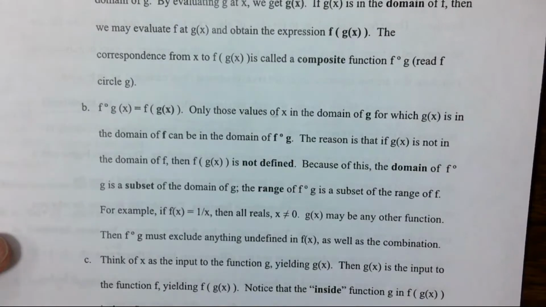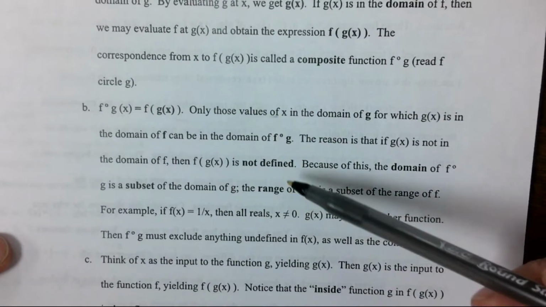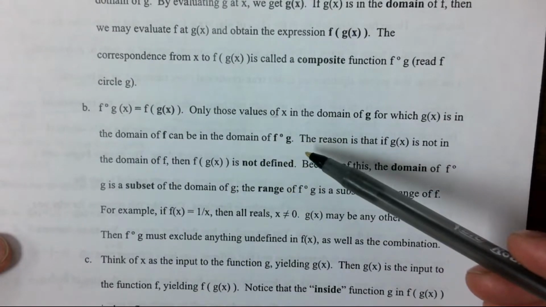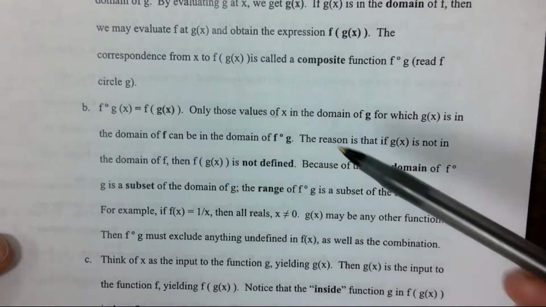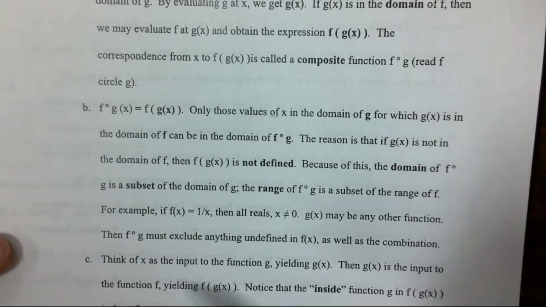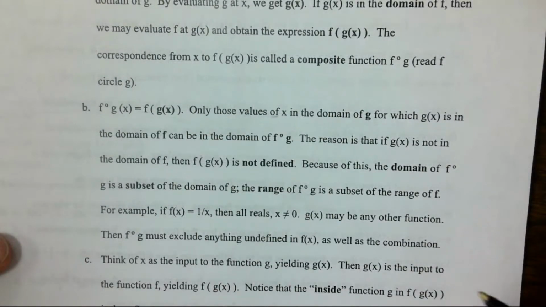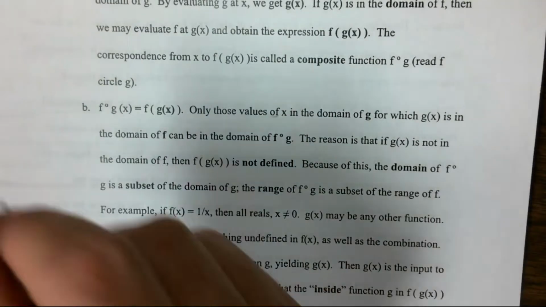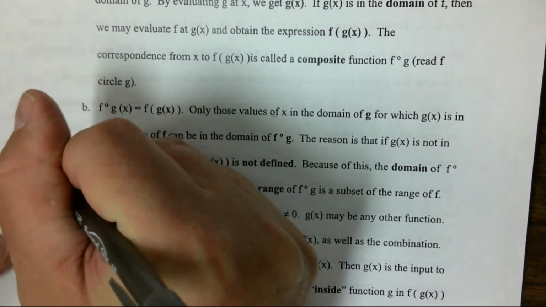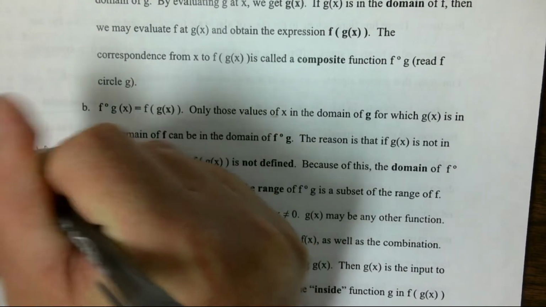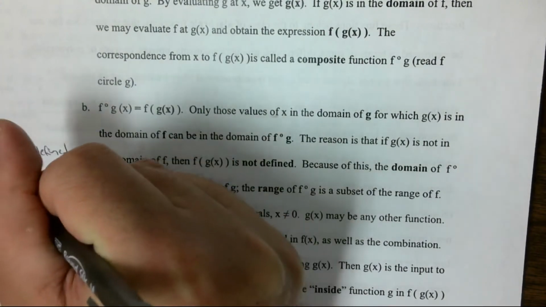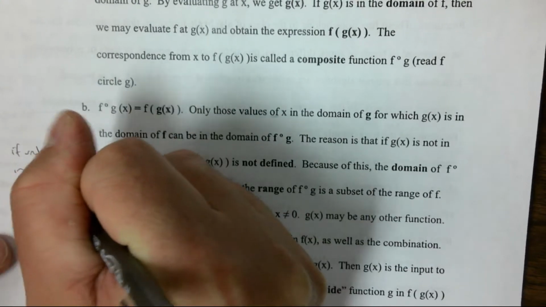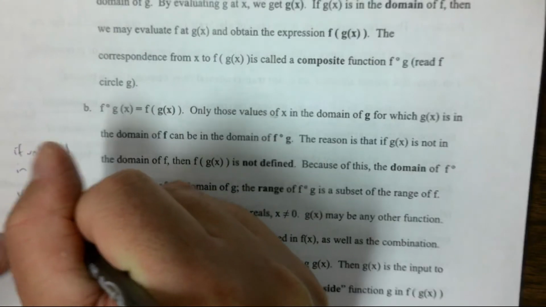Only the values that are in the domain of g work. In other words, if it's undefined in g, then you can't do f of g of x either. If it's undefined in g, then it's also undefined on f circle g.